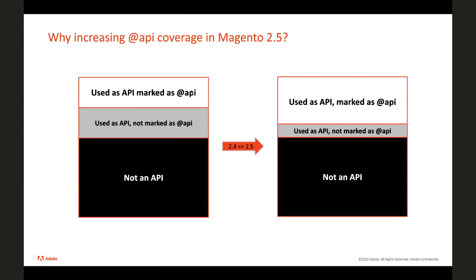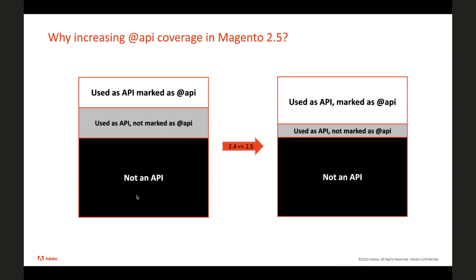If you look at this picture, this square on the left side represents all classes and interfaces in Magento, and we treat some of them as APIs, and we check for backward incompatible changes when we deliver changes to Magento core for these classes and interfaces.